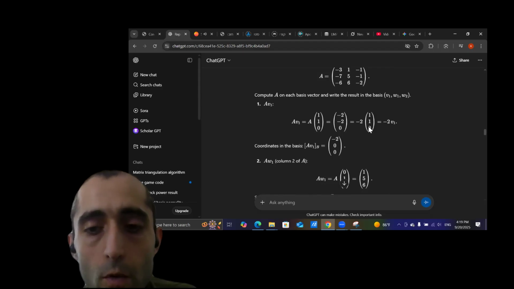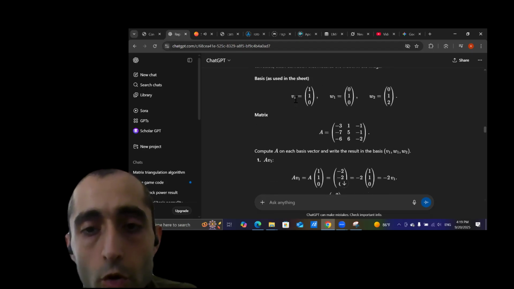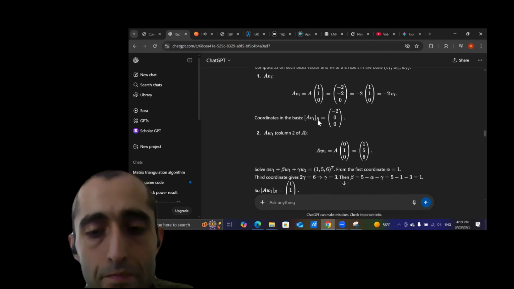For W1, we don't have anything, so 0. And for W2, again, we don't have anything, so 0. So this is one of the columns in the matrix A in the base we want. This is AV1 represented in the base we want to go to, which we call capital B.